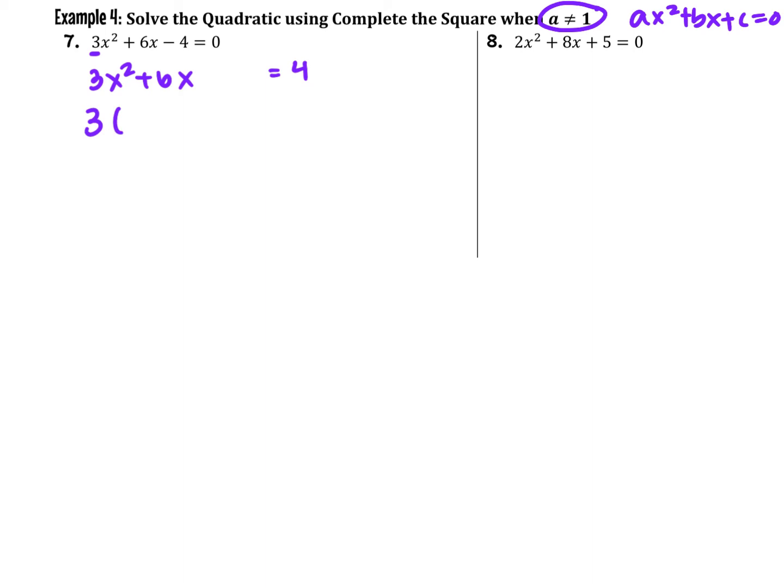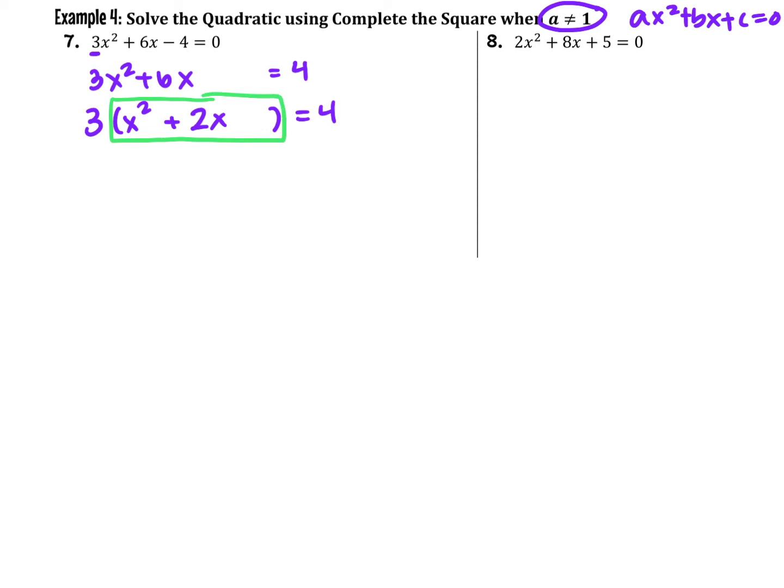So what we're going to do is factor out that 3. If I factor 3 out on the left-hand side, what would be left inside parentheses would be x squared plus 2x, because I'm just factoring the 3 out of these two terms, so that now I can complete the square with just this piece here.